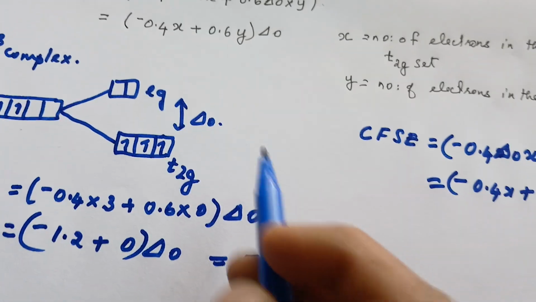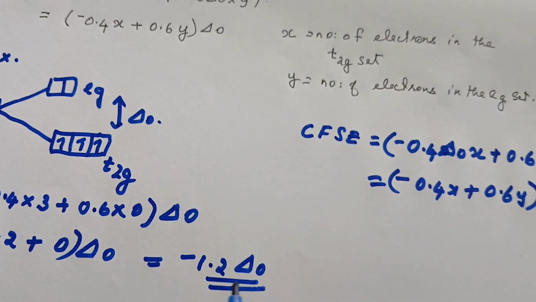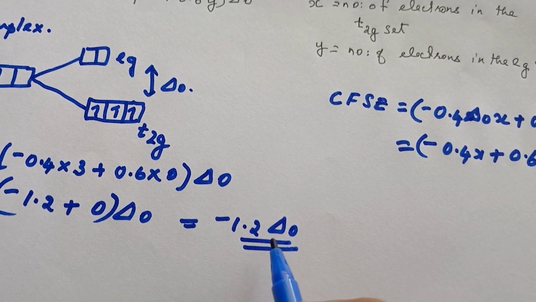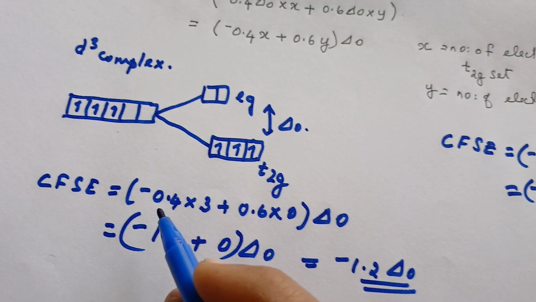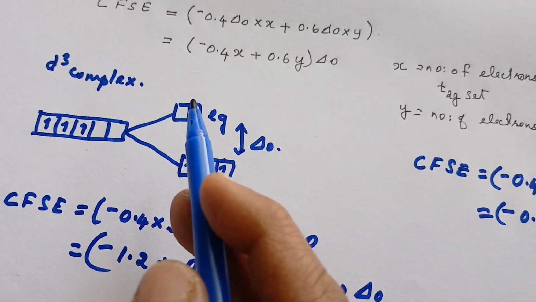So there is no pairing taking place here, so we need not consider it. So minus 1.2 delta O is the crystal field stabilization energy for this d3 complex.